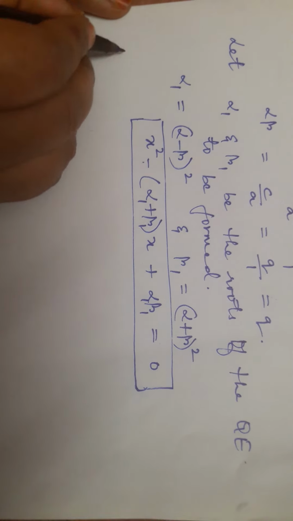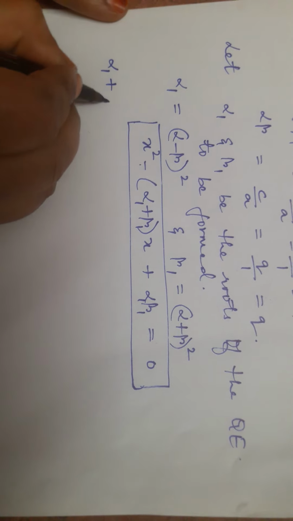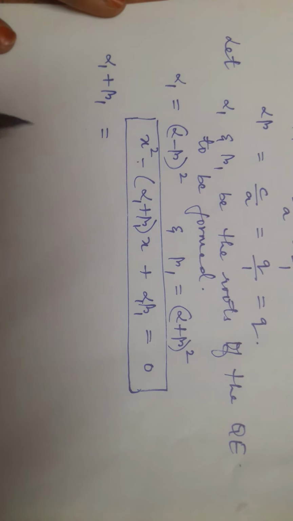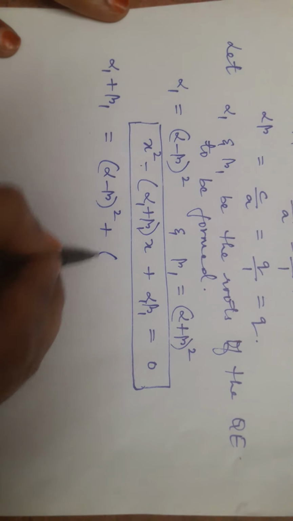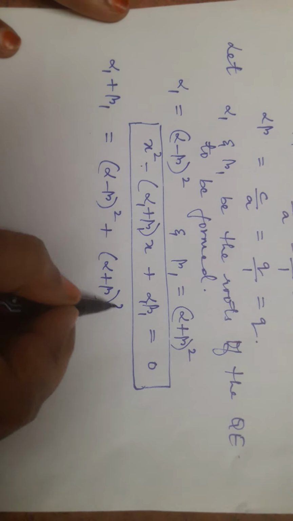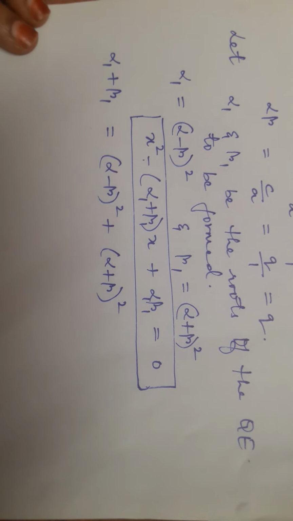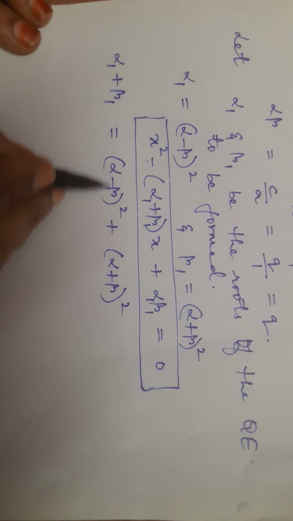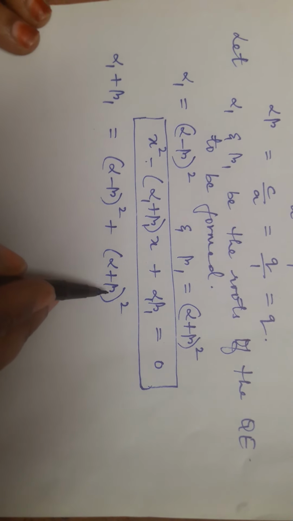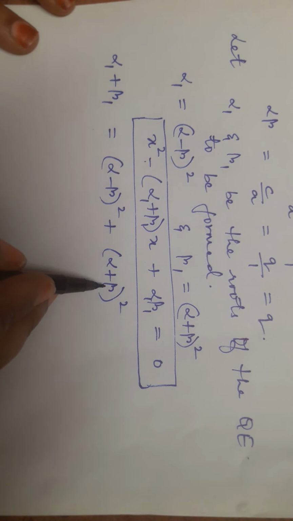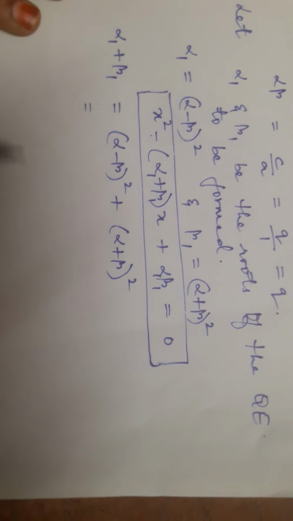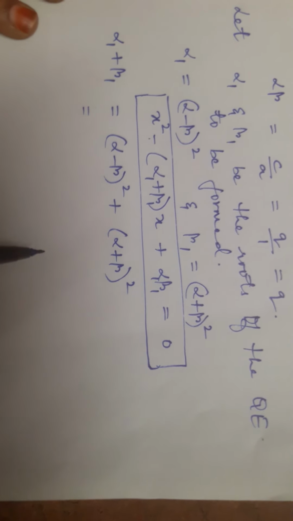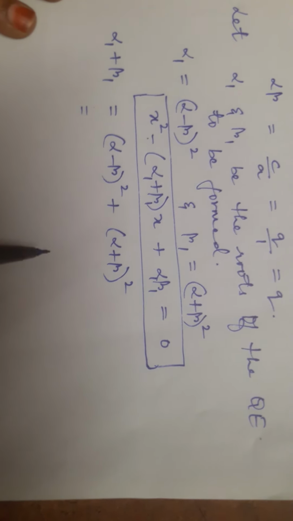So here we are finding the sum of the roots, that is alpha 1 plus beta 1, which is equal to alpha minus beta whole square plus alpha plus beta whole square. Now you can either expand and do it, or you can directly use the formulas that we know.